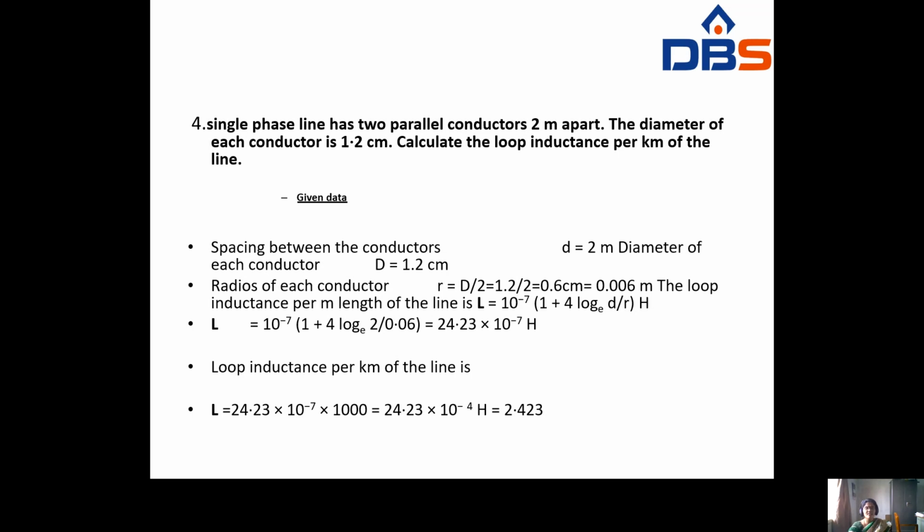The diameter of each conductor is 1.2 centimeters. Calculate the loop inductance per kilometer of the line. So here you have to find out the loop inductance of that single-phase loop.